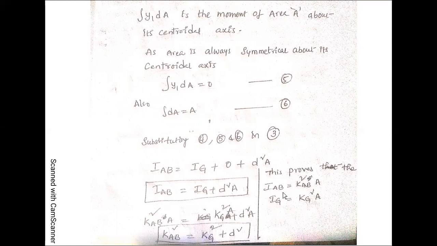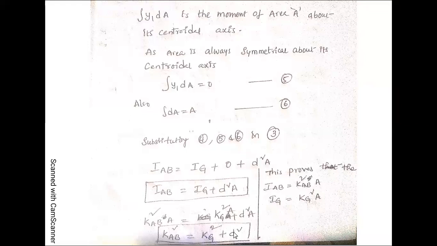From that we can write IAB is equal to KAB square into A. Similarly, IC is equal to KG square into A, because KG is equal to the square root of IC divided by A. If we substitute IAB equals KAB square A and IC equals KG square A in our previous expression, then KAB square into A is equal to KG square into A plus d square A. We can cancel A on both sides, so it becomes KAB square is equal to KG square plus d square.